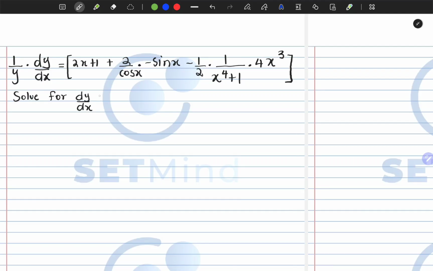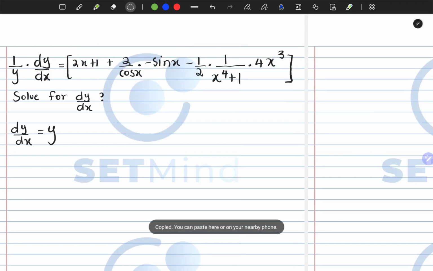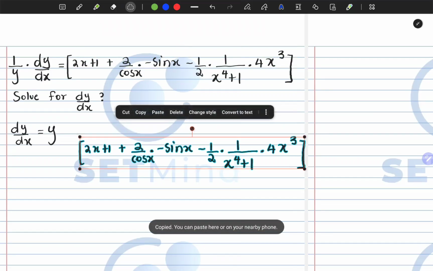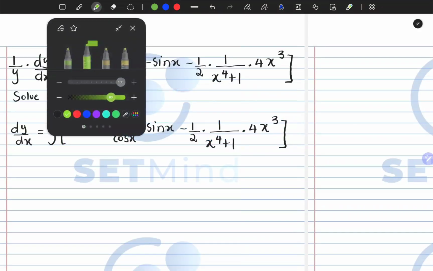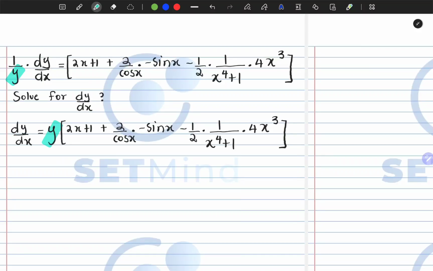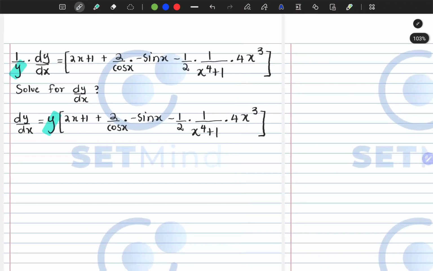If you make dy dx the subject, you'll multiply the right-hand side by y. So the y which was sitting there will now become the y which is here. So all we did was to just multiply.